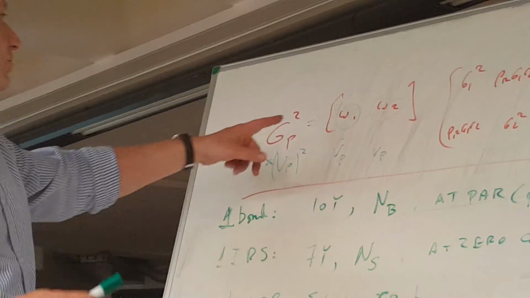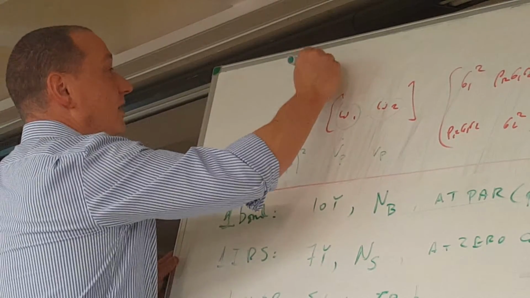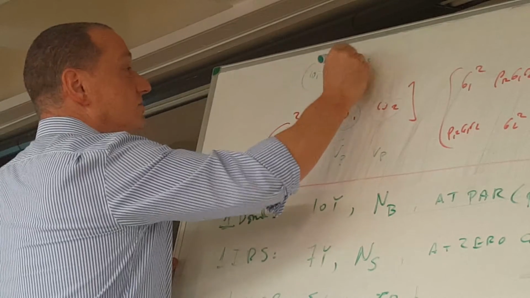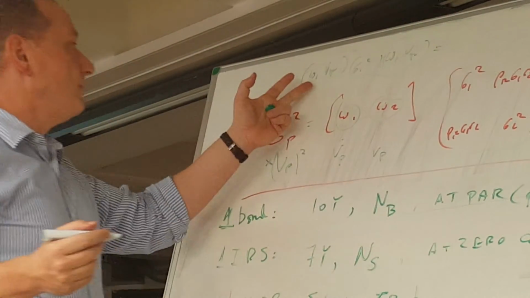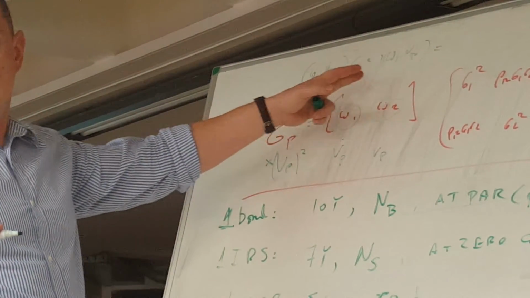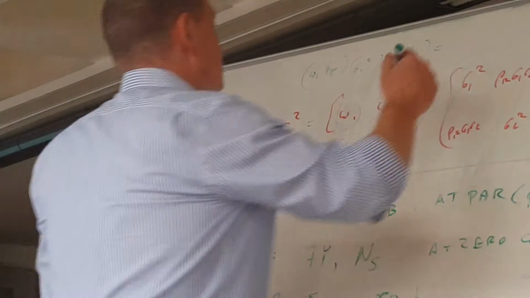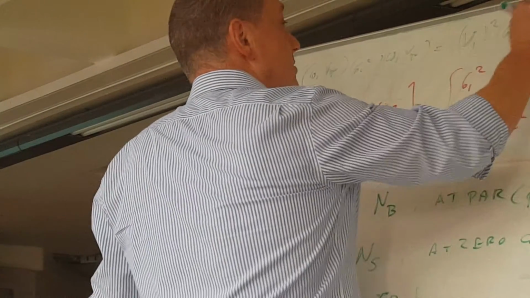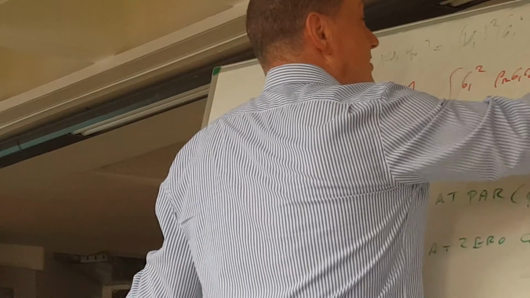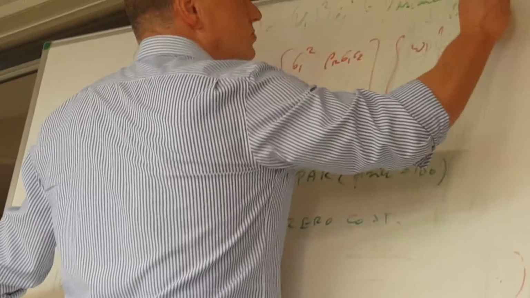Suddenly, this first term in here would become omega 1 value of the portfolio, sigma 1 squared, omega 1 value of the portfolio. What's omega 1 value of the portfolio? This is the euro value of the first stock. So it's going to be V1, let's call it V1 squared, sigma 1 squared, which is going to be the variance of stock 1 in euro squared.